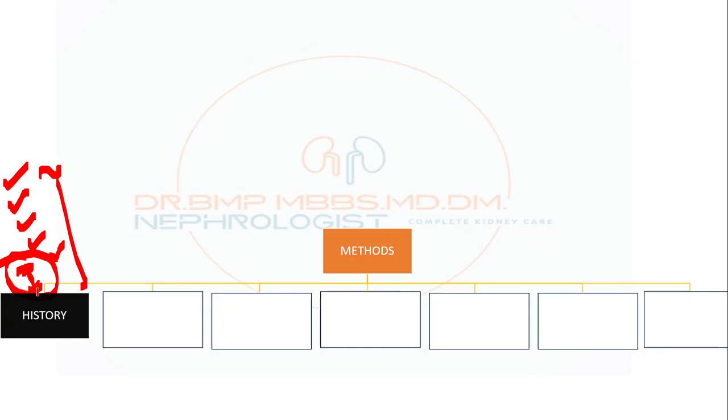Always look at the input output charting of the previous day. Ask the history from the relatives if the patient is not able to give it. So history is very, very important to make a probable guess whether a patient might be in overload or depleted.